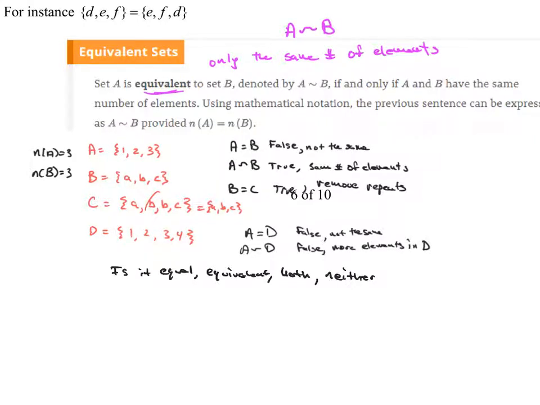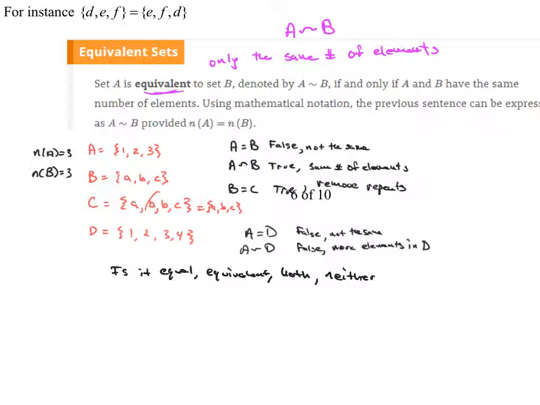That's usually what the problem is going to say. And I want you to think about these sets. For instance, we just agreed that B is equal to C because they have the exact same elements and the exact same number of elements. C just had repetition. You remove it, B is equal to C. Remove the repeats and they're exactly the same.